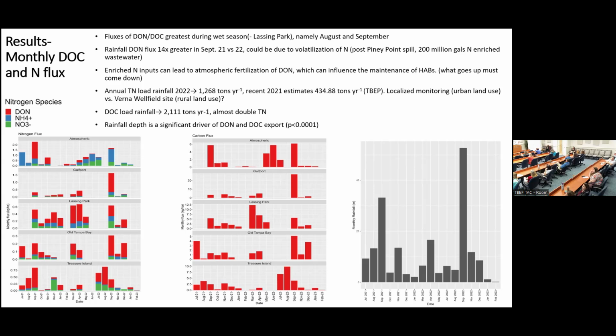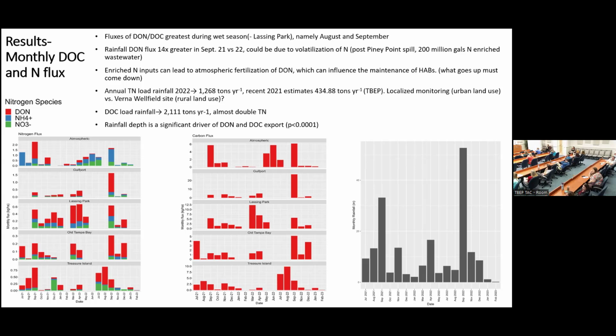We estimated the annual TN load, and this is wet and dry deposition for 2022. We used 2022 because that was the only year we had a complete sampling interval. We estimated that at 1268 tons per year versus the most recent on the TBEP website, 435 tons per year.